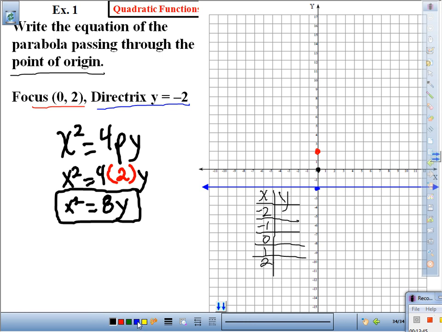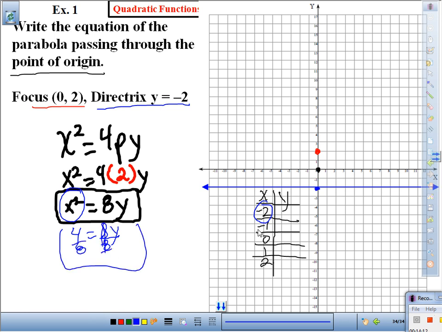All right, I'm going to do the first value. Here we go. I'm going to use blue. So -2 goes in here to x squared. What is -2 squared? 4 equals 8y. So to solve for y, divide by 8.